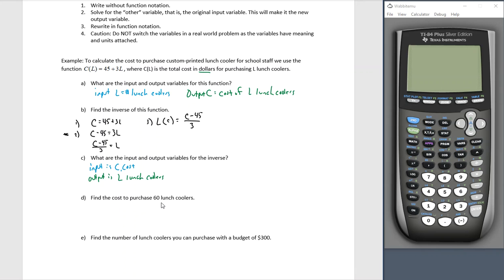So find the cost to purchase 60 lunch coolers. Since 60 coolers is the input, I'll use the original. The cost is 45 + 3 times 60, which is 45 + 180, and that is $225.